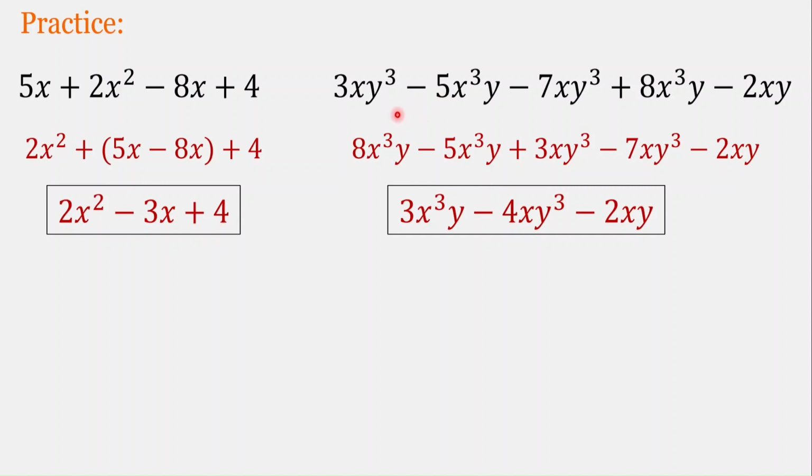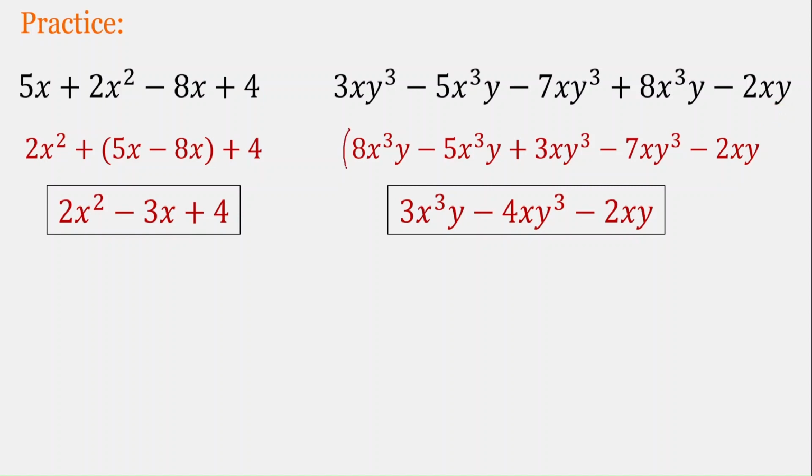So in this second problem, we have 3 different groupings of like terms. We have a group that has the variable x raised to the first power, y cubed. Another that has the variable x raised to the third power and y to the first power. And then a third group that will have just x to the first power, y to the first power as factors.